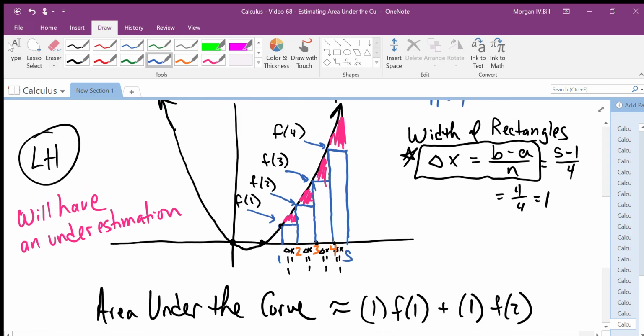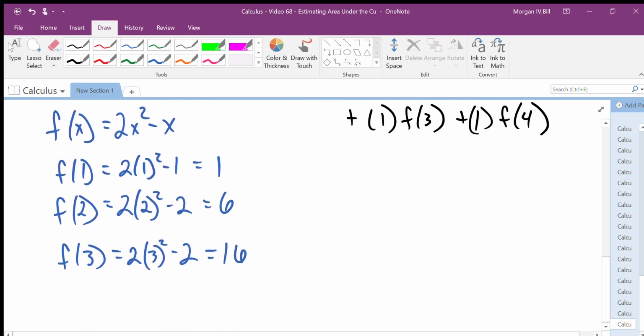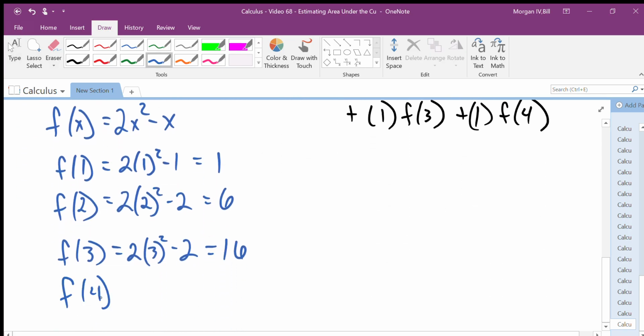Definitely not to scale in my drawing. I'm sorry, I messed that one up. This one should be minus 3, and that one should be minus 4. I apologize. That makes this 15, not 16. And f of 4, 2 times 4 squared minus 4, that would be 16, 32 minus 4, 28. So the height of the fourth rectangle would be 28.